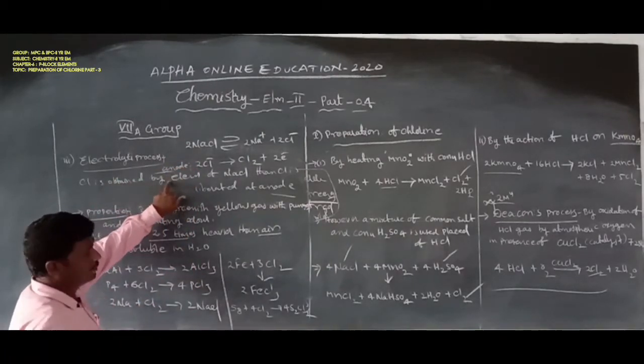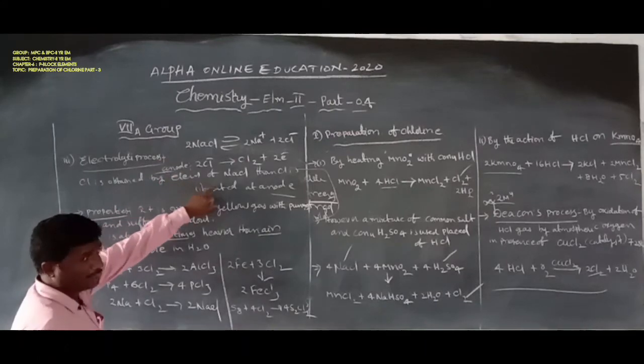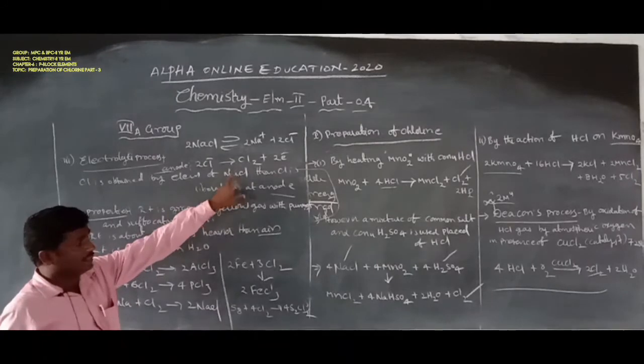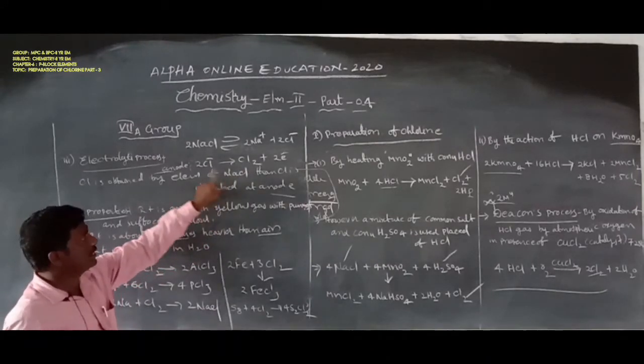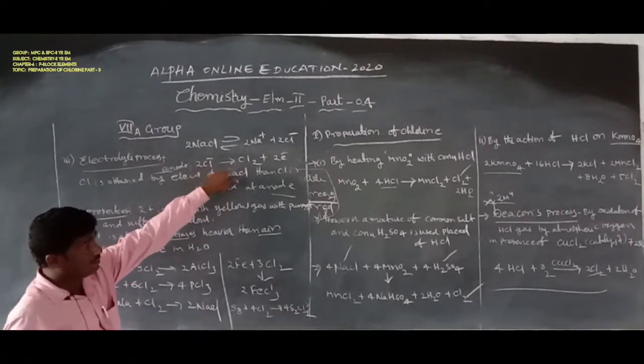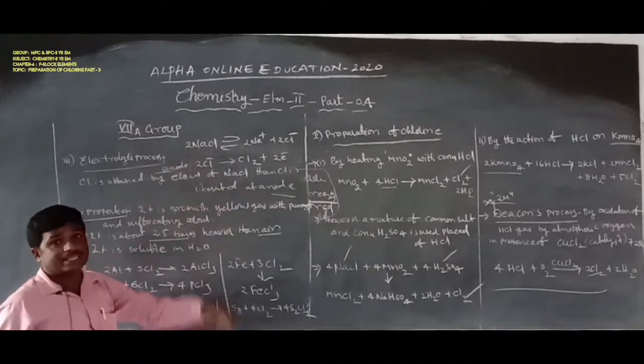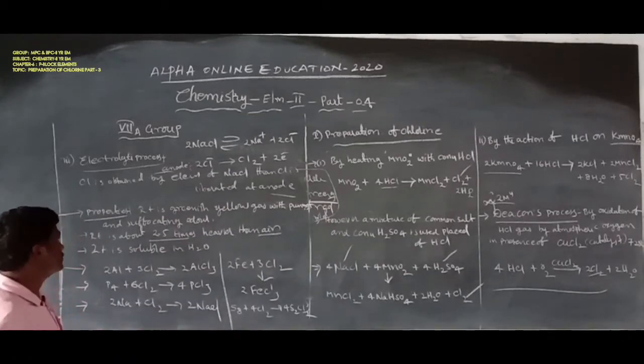Chlorine is obtained by the electrolysis of the brine solution, sodium chloride solution. Chlorine is liberated at the anode. That is the electrolysis process.